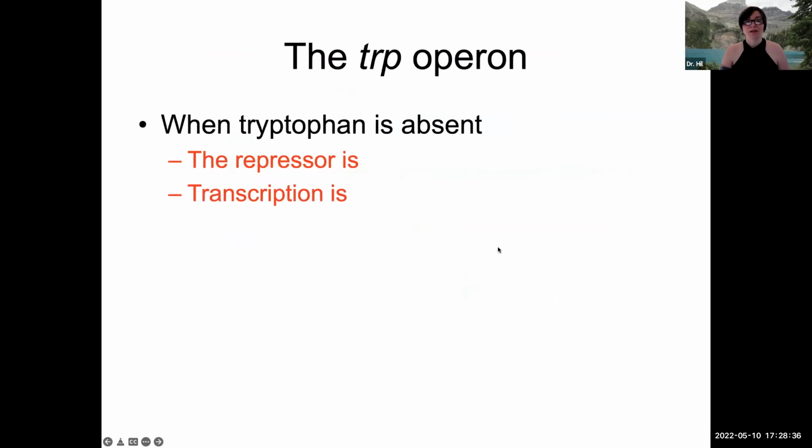Okay. All right, so let's go over and see if we can make sense of this. When tryptophan is absent, there's no tryptophan in the environment, the repressor is functional or non-functional? Right, the repressor is non-functional if there's no tryptophan. And as a consequence of that, transcription is happening or not happening?